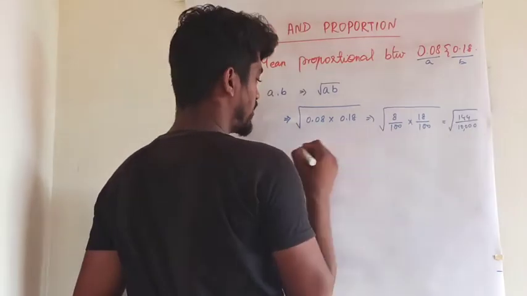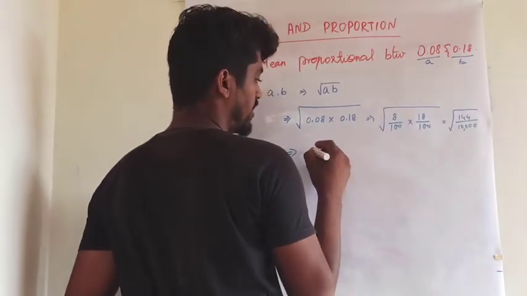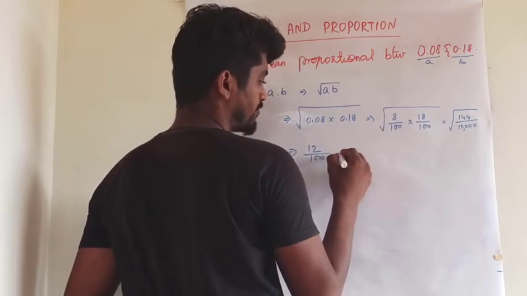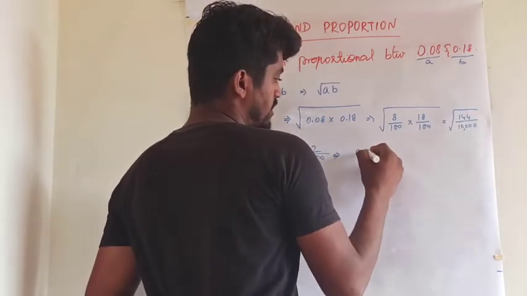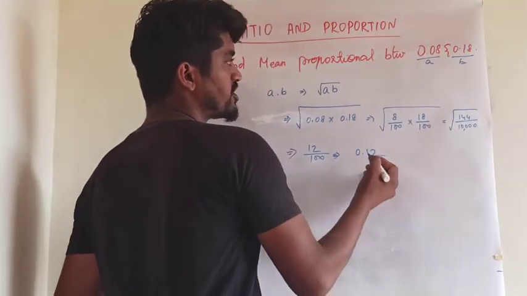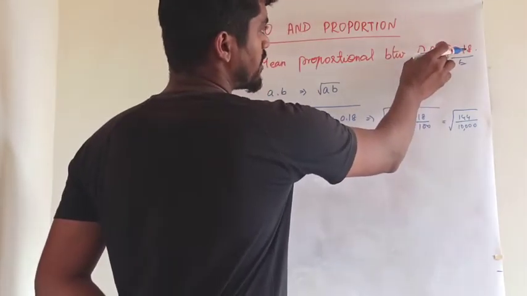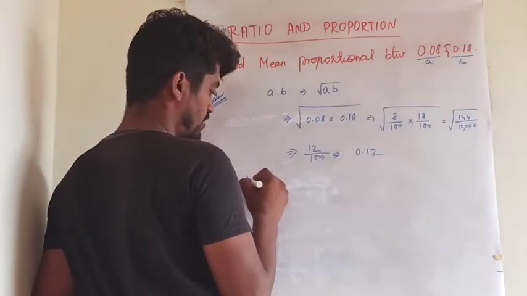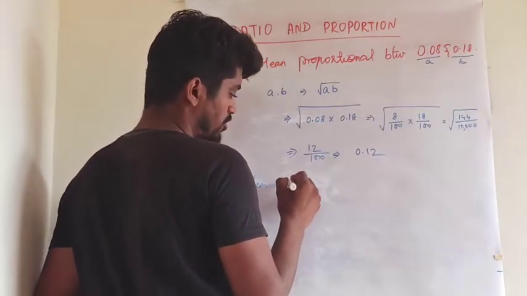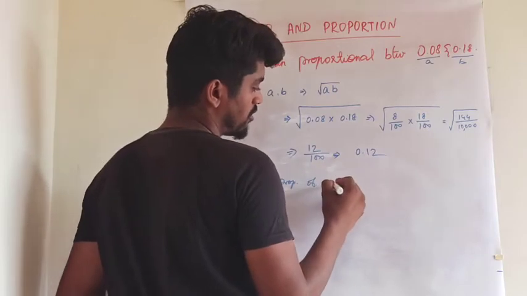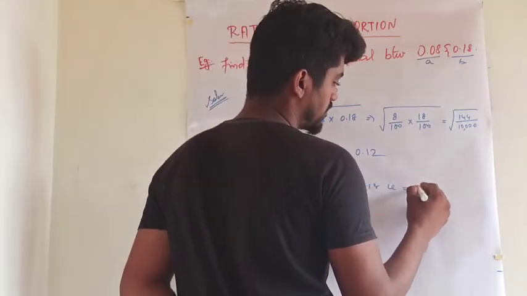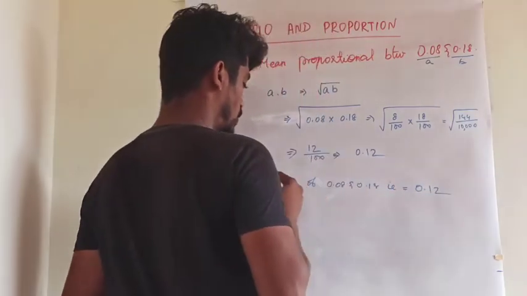So we take the root of numerator and denominator, which is 12 by 100. The value is 0.12, which lies between 0.08 and 0.18. So this is the mean proportional of 0.08 and 0.18, that is 0.12.